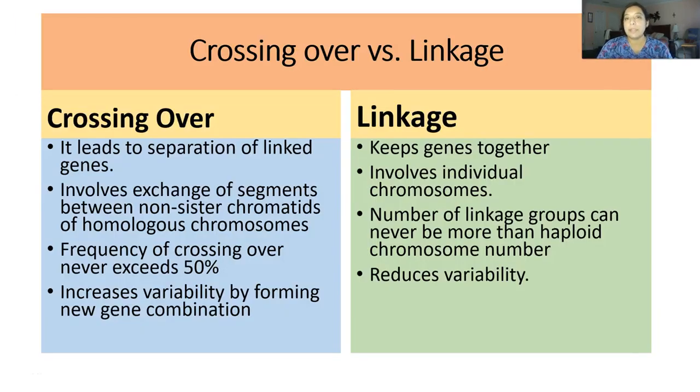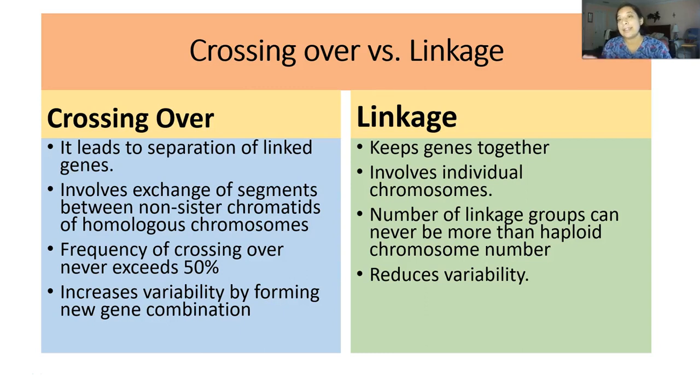So what is different with crossing over versus linkage? Crossing over obviously leads to separation of linked genes and can involve exchange of segments between non-sister chromatids of homologous chromosomes. Crossing over will never exceed 50%, which is our recombination frequency, and as a result it increases variability by forming new gene combinations.